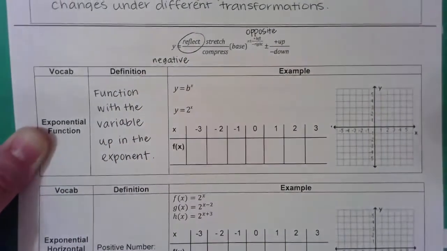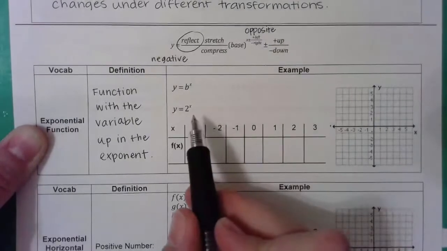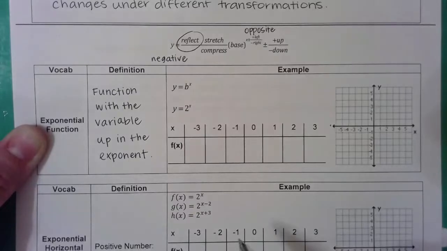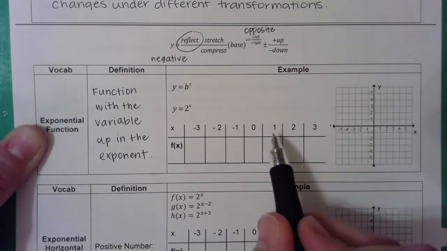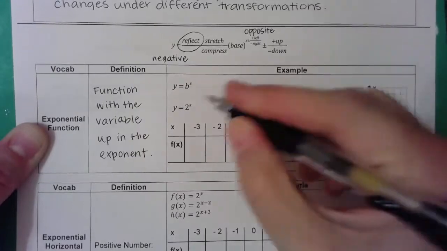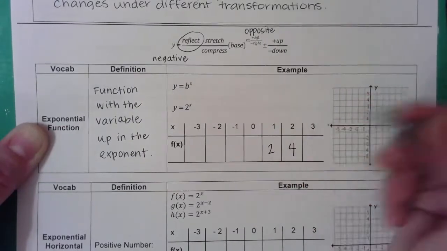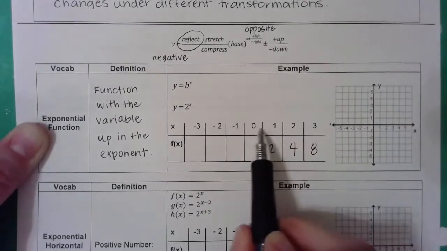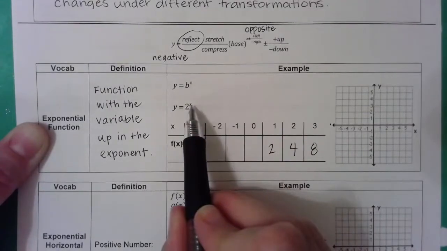And so for the sake of the example here, the exponential function that got chosen was y equals 2 to the x power. And so we can fill out the table for 2 to the x power. I usually like to start with the positive numbers first. So 2 to the first power is 2, 2 to the second power is 4, 2 to the third power is 8. Remember, to get these numbers, I'm just taking each of these numbers and plugging it in up here for where the x is up in the exponent.